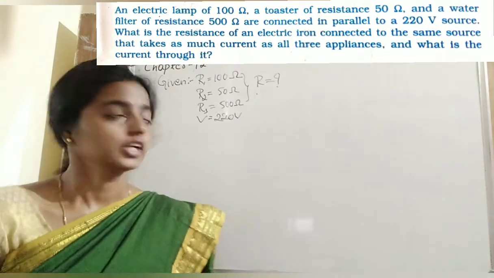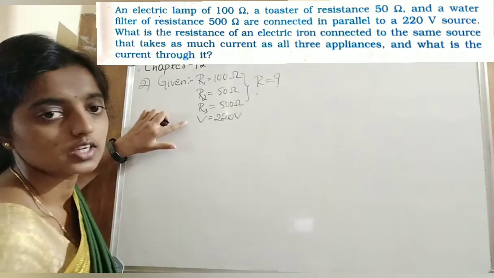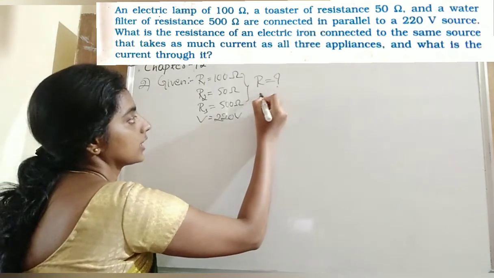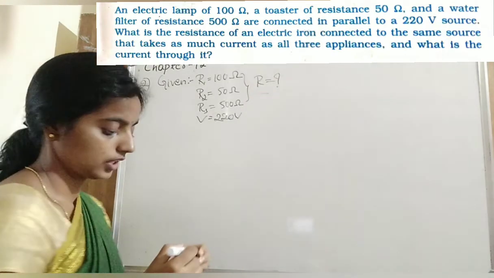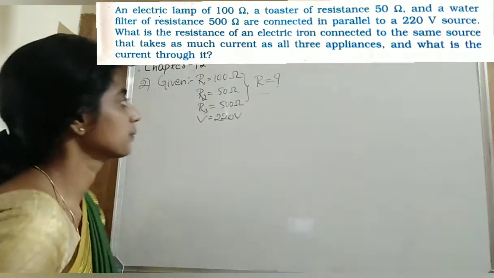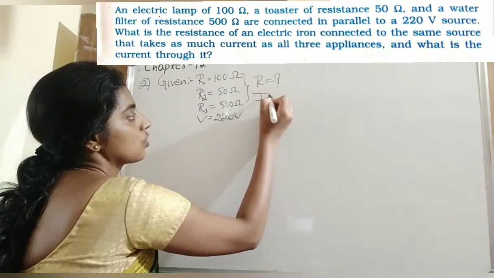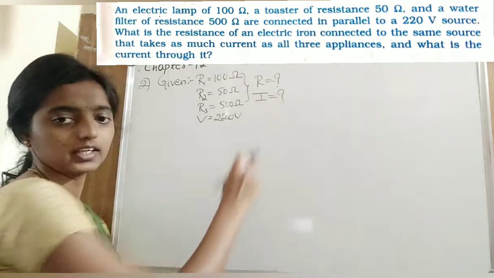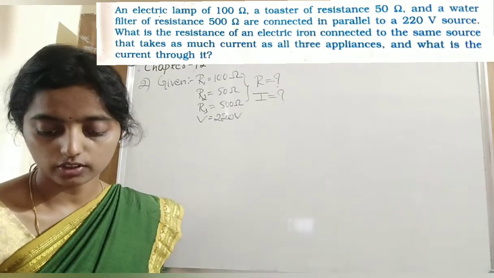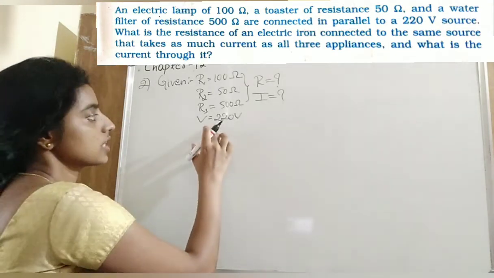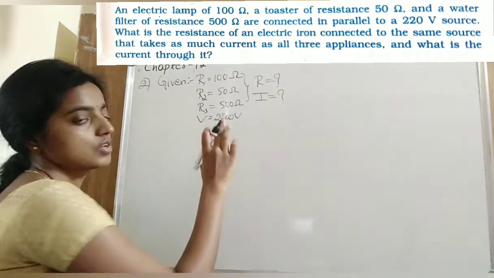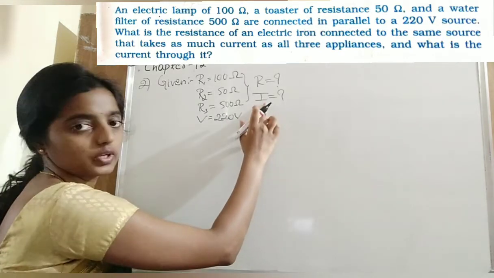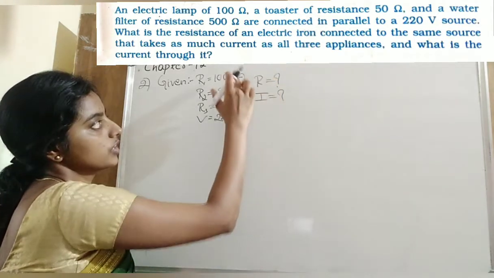Read the question carefully. They are asking us to find out the total current, that is I. So after finding I, they are asking us to find out the resistance with the same source. See, to find out the current, first we need to know R using these three resistors.